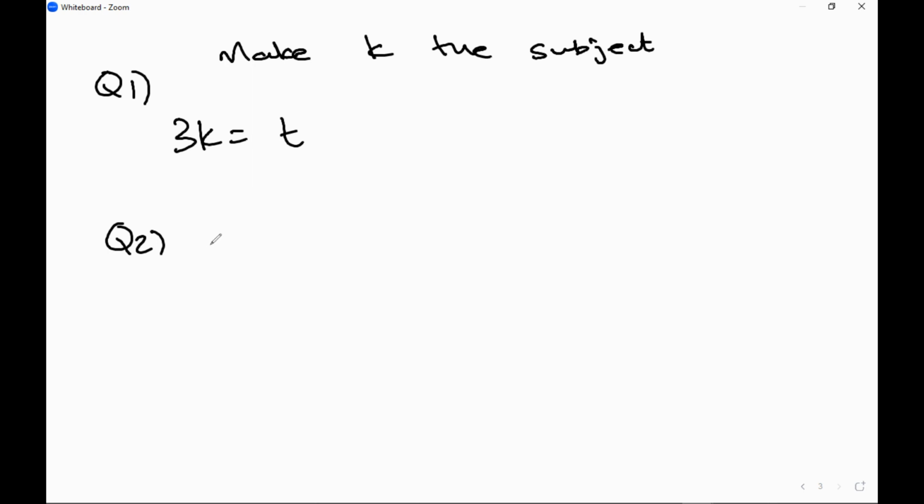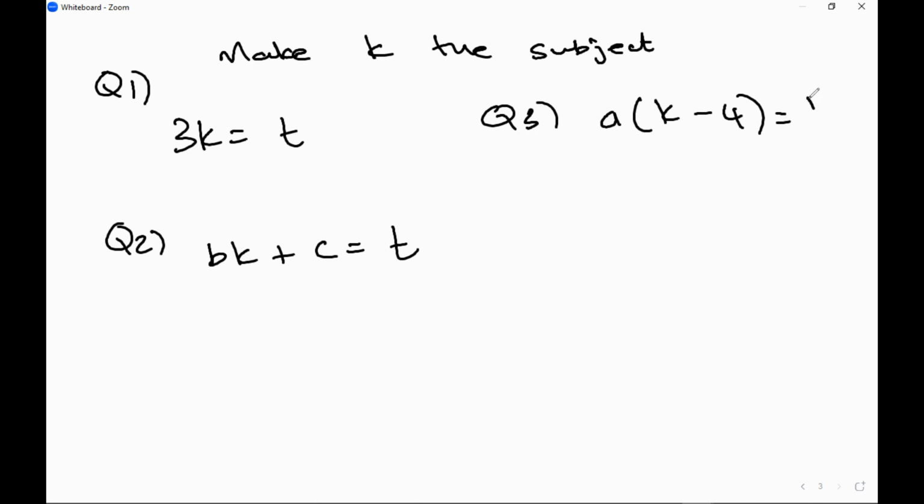Question 2, what if I've got bk plus c equals t? Make k the subject of the formula. Question 3, let's say I've got a times k minus 4 equals b. Let's start with these 3 questions. Give it a go. See if you can make k the subject of the formula in terms of the other letters.